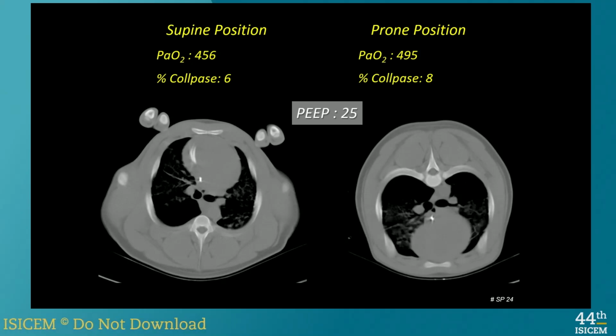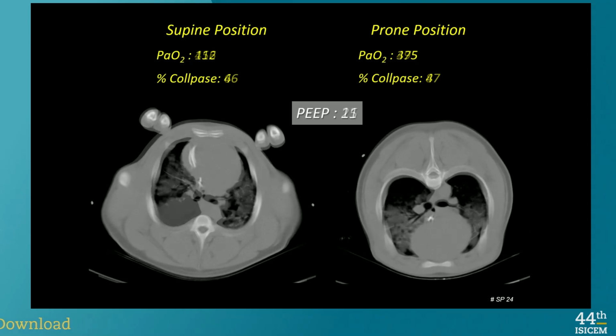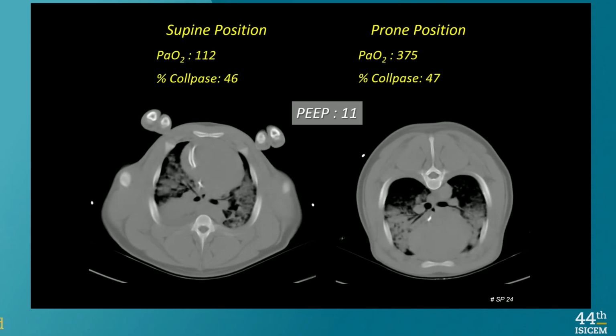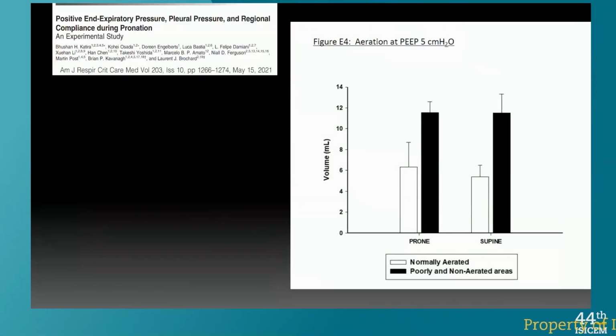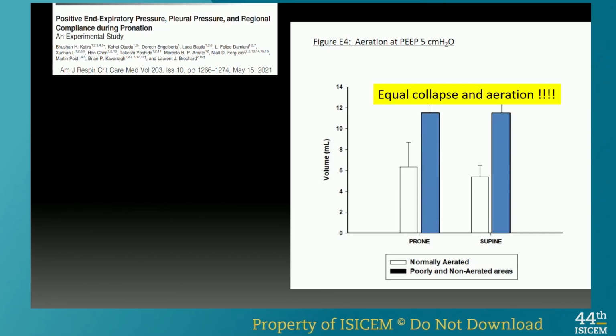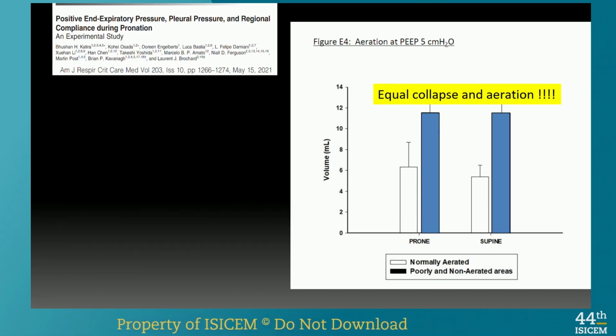And so this is at a high PEEP, no collapse supine and prone. Low PEEP, a lot of collapse in dependent lung areas. And surprisingly, very surprisingly, we found the same amount of collapse in both positions if you were operating at a low PEEP level. And this is a little bit against the old dogma.